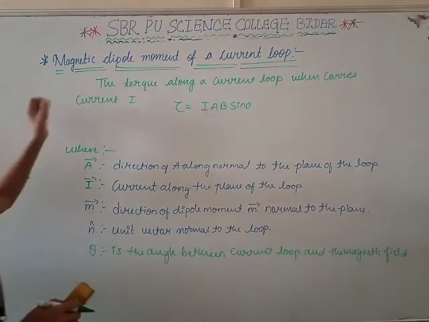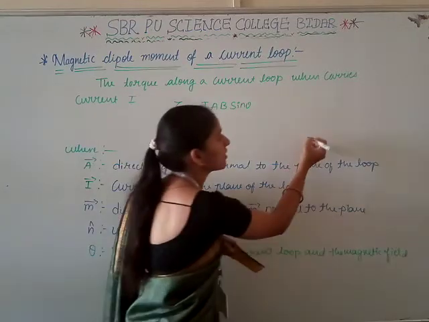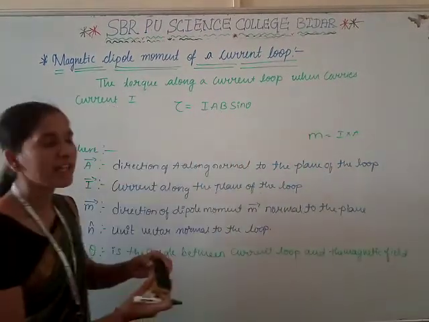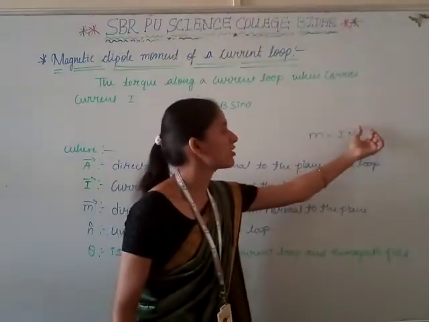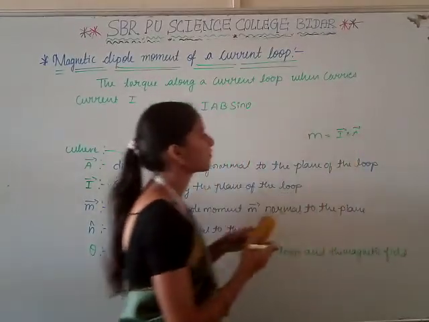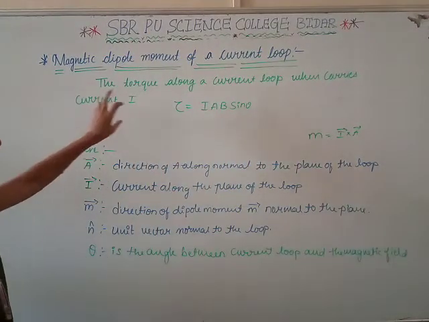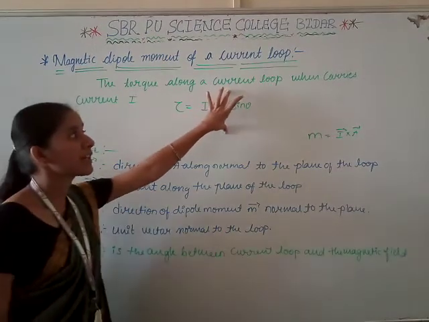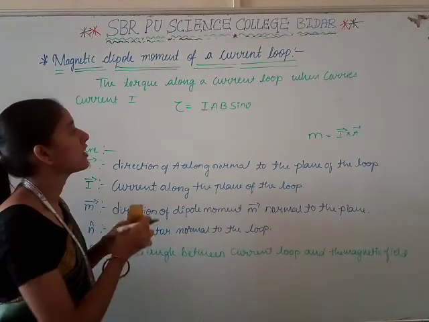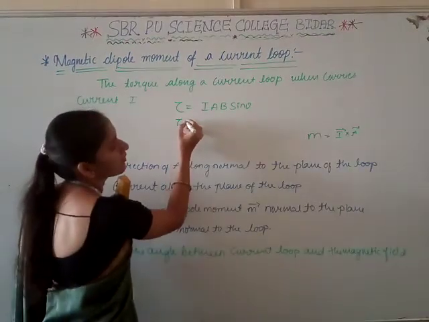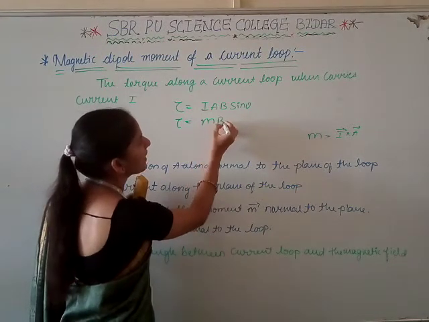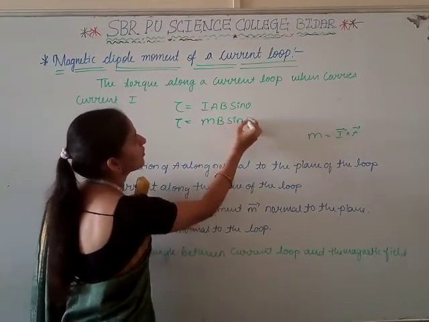We know that the magnetic dipole moment M is equal to the product of current and area vector, that is, vector I times vector A. By the expression of torque on a current loop carrying current I, tau equals IAB sin theta, we can now write this as MB sin theta.